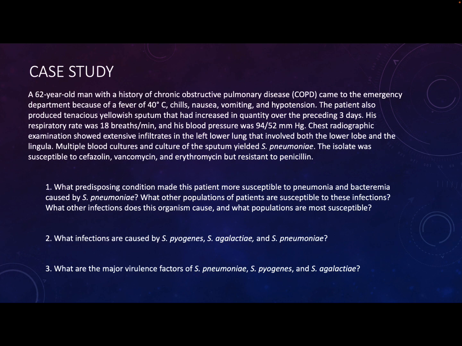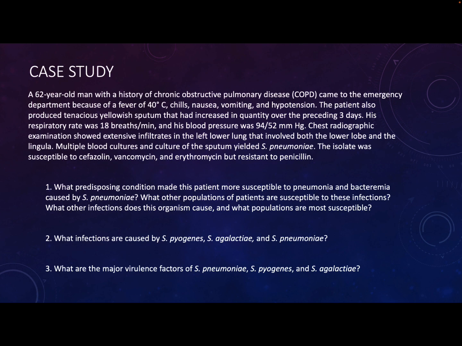Some of them are alpha hemolytic, but it's not that bad. There's also antibiotic resistance. That's a big one. And what about strep pneumoniae has one that was kind of unique to it that helps with immune evasion? IgA protease. Yeah, very good.